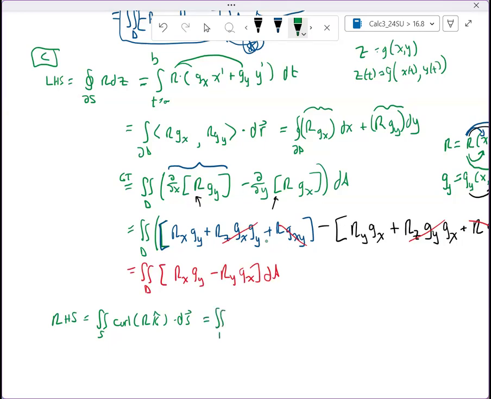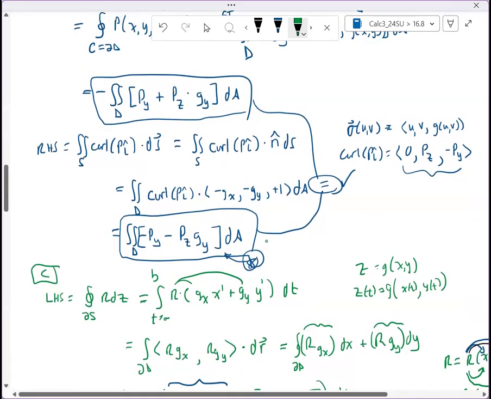Well, this turns into the double integral over domain D of (ry, negative rx, 0) dotted with (negative dg/dx, negative dg/dy, 1) dA.